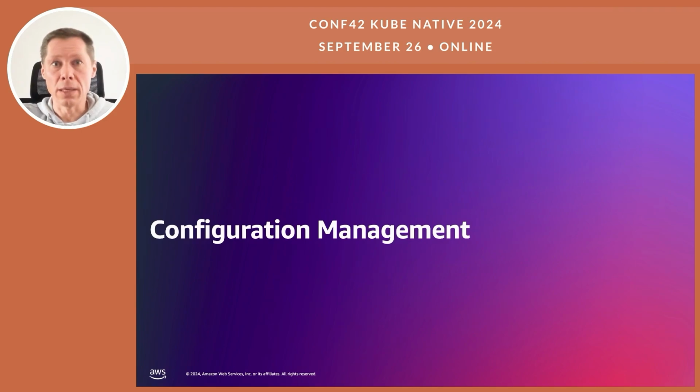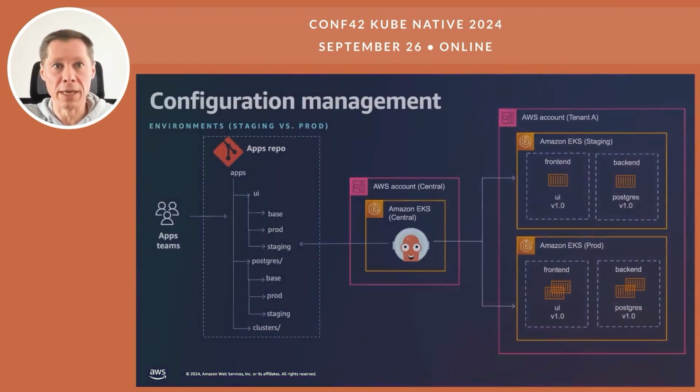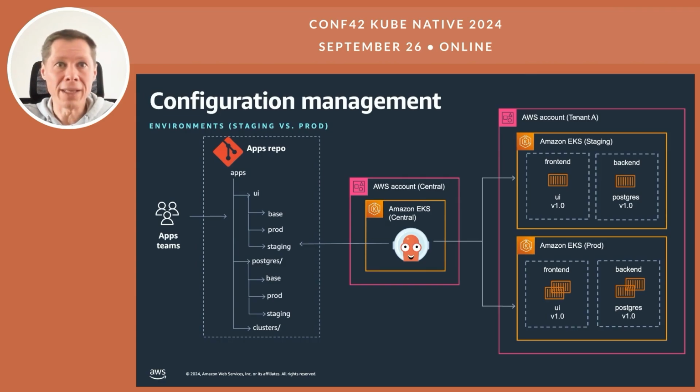Of course, in these clusters, we will need some workloads. For those workloads, we will need configuration management for different applications, for different versions of those applications. We also can use one Git repository to store configuration for different applications. Like in this case, for example, as you can see, you have some UI application, you have some database application.